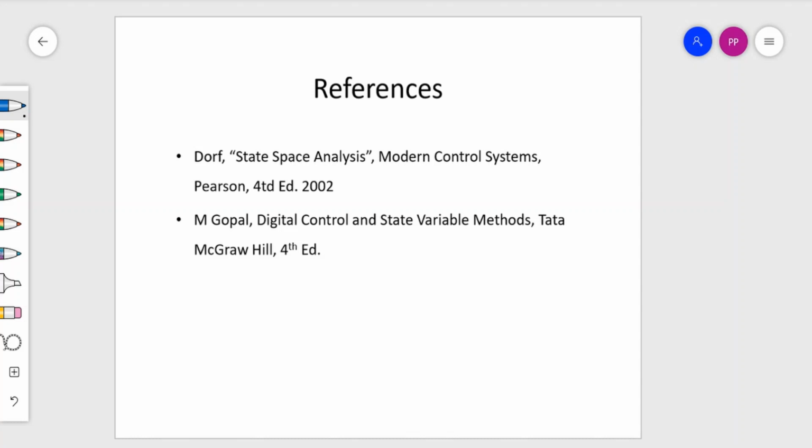There are several textbooks and reference books, but 2 important reference books mentioned in your syllabus are Modern Control Systems by Dorf, Pearson publication, and Digital Control and State Variable Methods by Professor M. Gopal.